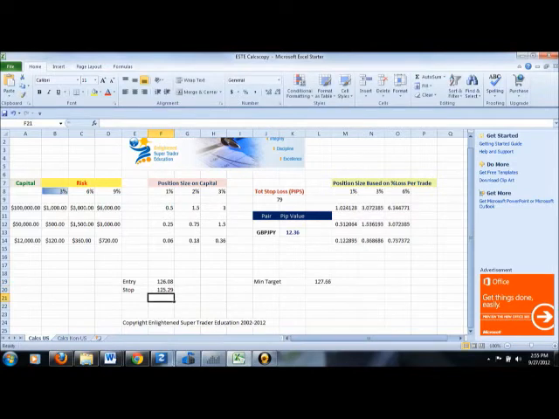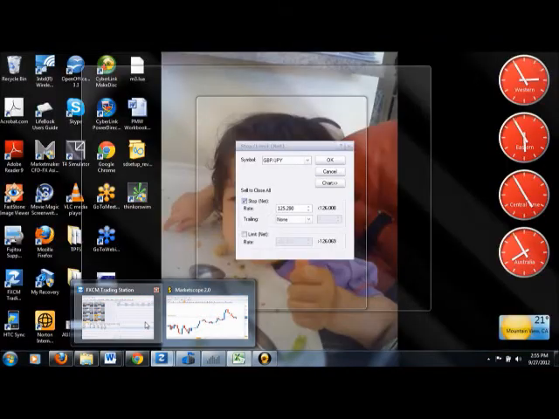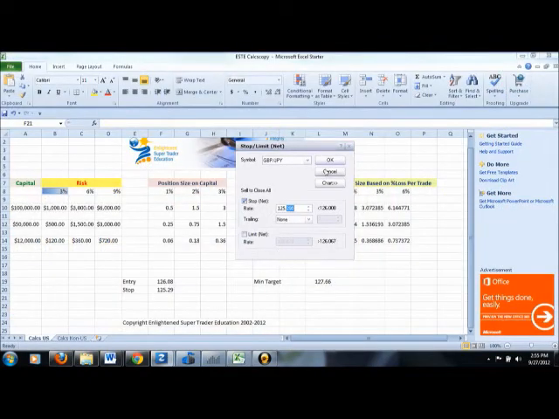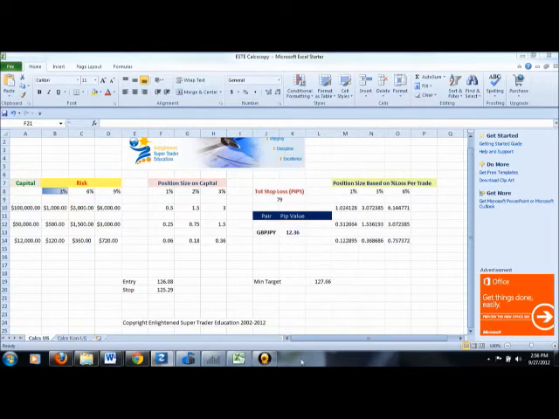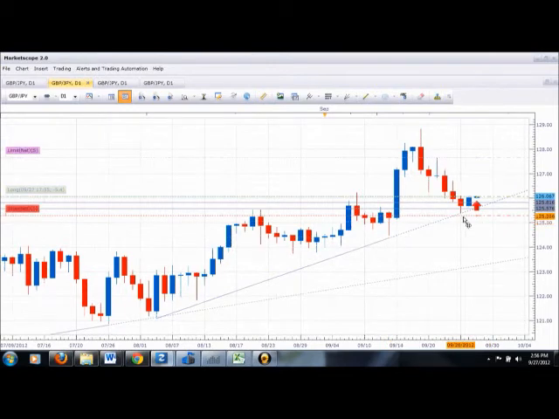Okay. Put the limit for now. Minimum target one. Everything 127.66, and then I'm gonna change that shortly. Okay, done. So we have our stop loss right there.